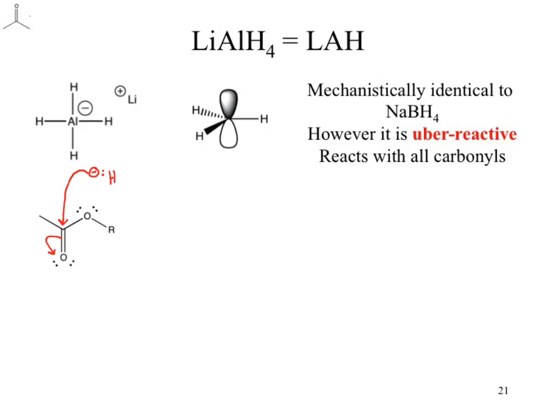Those electrons will move to our oxygen. We can now draw the result of that. What else needs to show up? Charge. We have a formal negative charge on our oxygen.